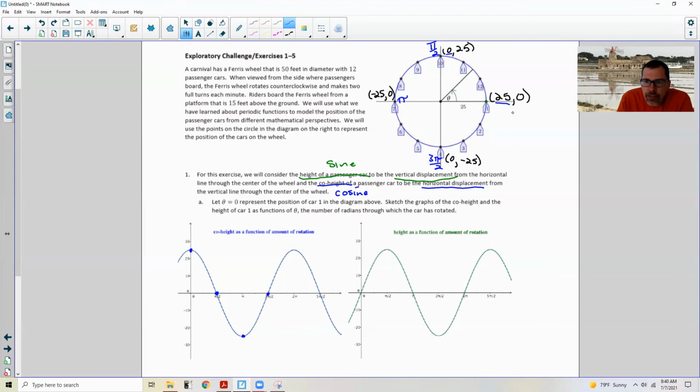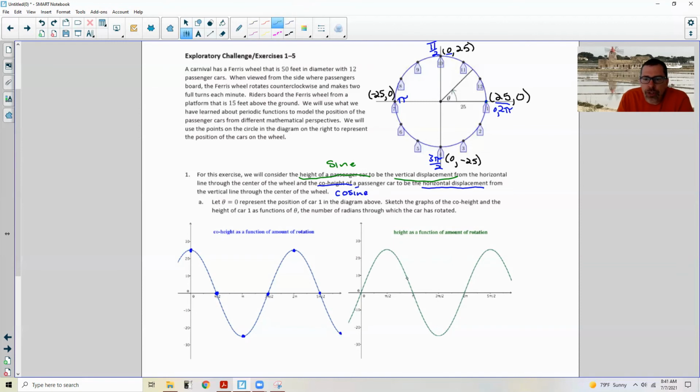And then finally back to 0 or 2 pi, same point, we are at 25. And it repeats. 5 pi over 2 would be here, back to 0. And 6 pi over 2 or 3 pi would be right here, which is down here. Okay, so that's how we graph that.